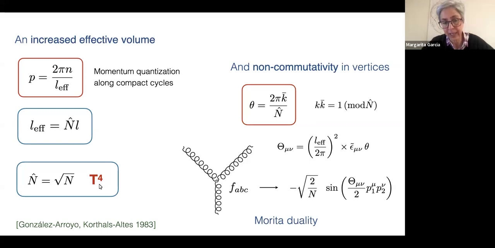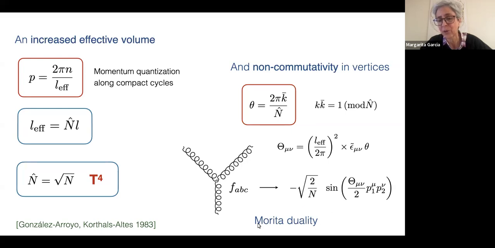And I recall that for the case of T4, which is what we will use for TEK, n hat is square root of n. And then the other important thing is that, when you derive the Feynman rules, there is a non-commutativity in the vertices of the theories, because the structure constants, for instance for the 3 gluon vertex, get this momentum dependence. So these are precisely the Feynman rules that define a non-commutative gauge theory.